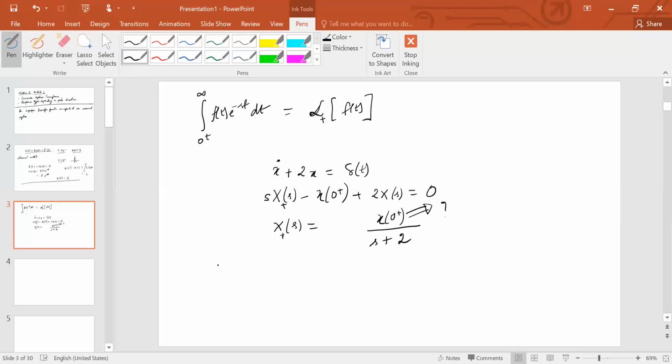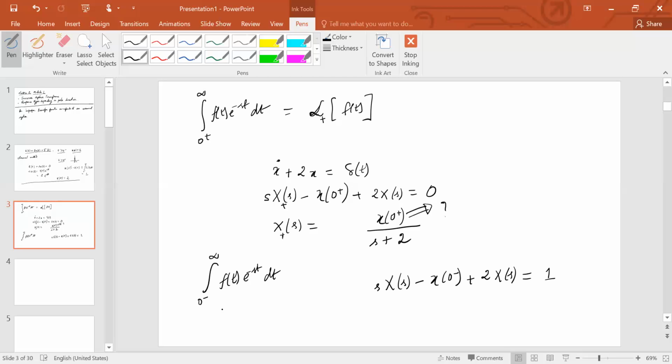Now consider that we are going by our definition of Laplace transform, the way we have defined it, which is the integral of f(t) e to the power minus st dt, right? Consider the same equation. Now you have sX(s), I'm just straight away taking the Laplace transform, minus x(0 minus), plus 2X(s) is equal to 1.